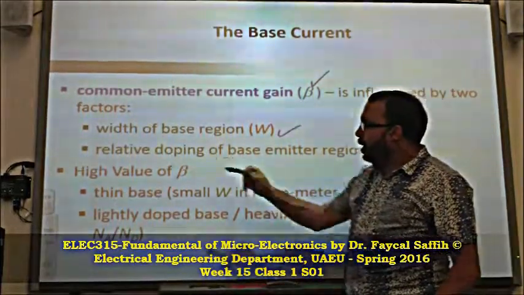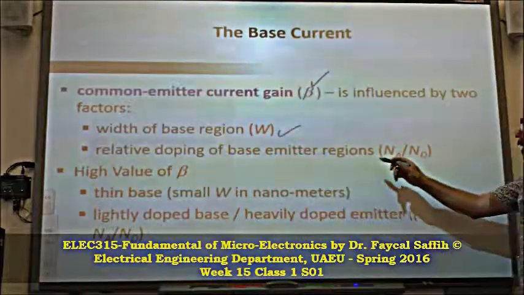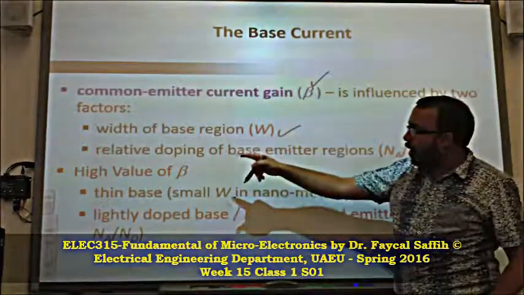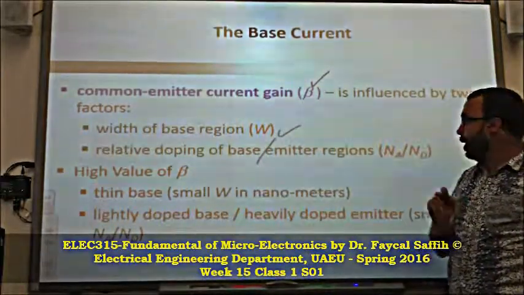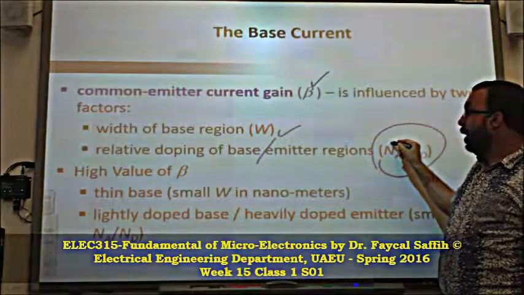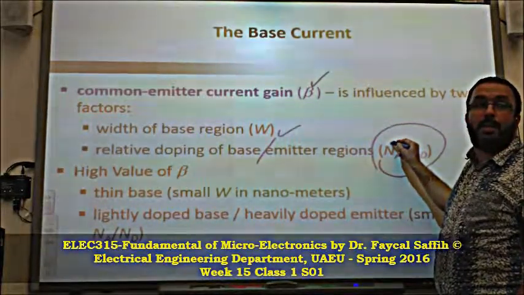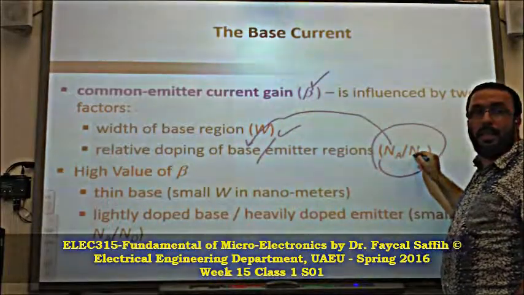Very good. And it depends also on the relative doping of the base and emitter regions, the relative doping of the base to the emitter. Okay? That means NA. Where's NA again? In the base. And ND is in the emitter.